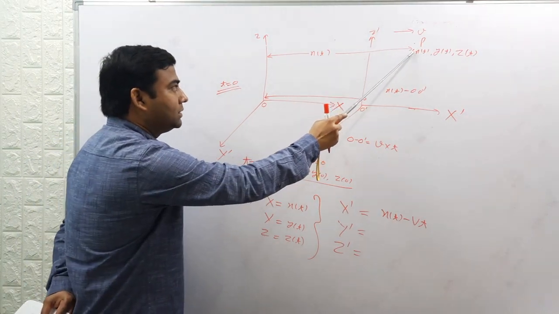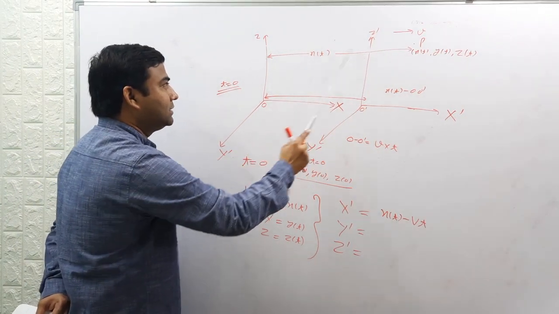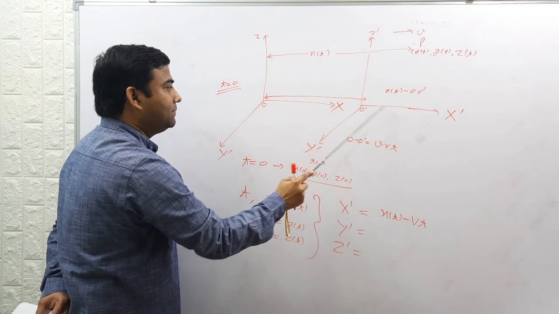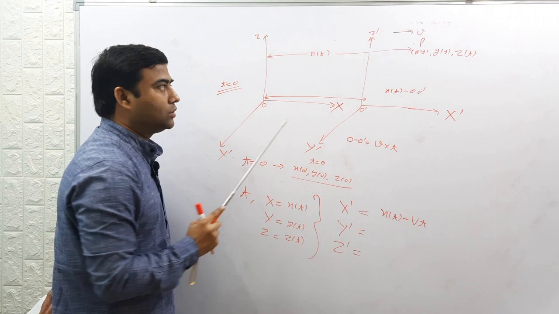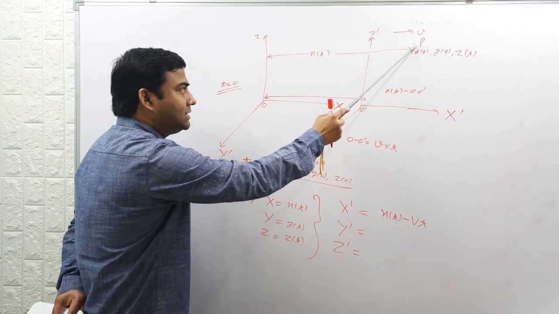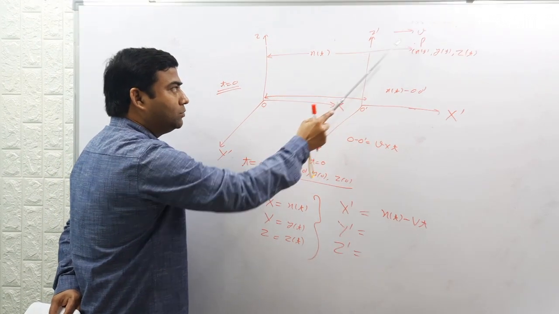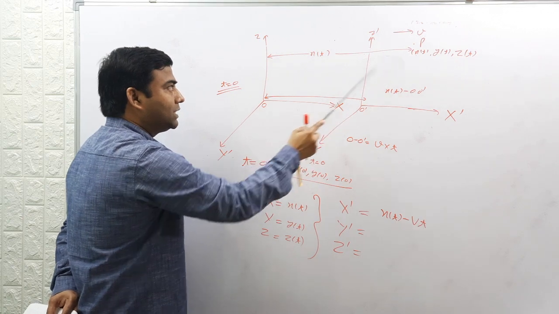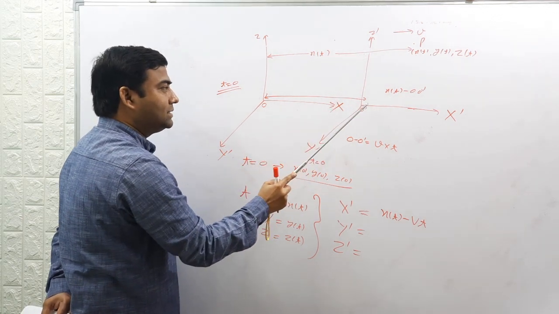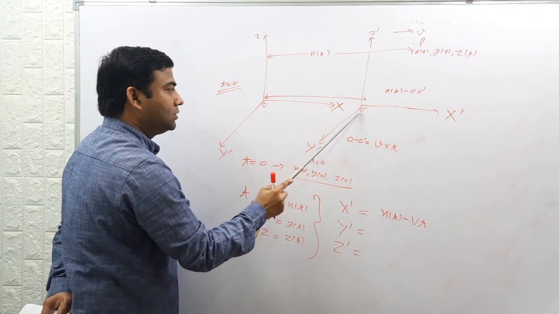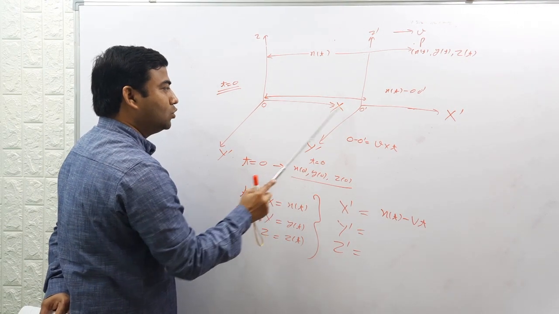This point has travelled distance x(t) and this reference frame has travelled distance OO dash in time t. So the x-axis distance of this point from this reference frame will be the total distance travelled by this point, that is x(t), minus the distance travelled by this reference frame, that is OO dash.